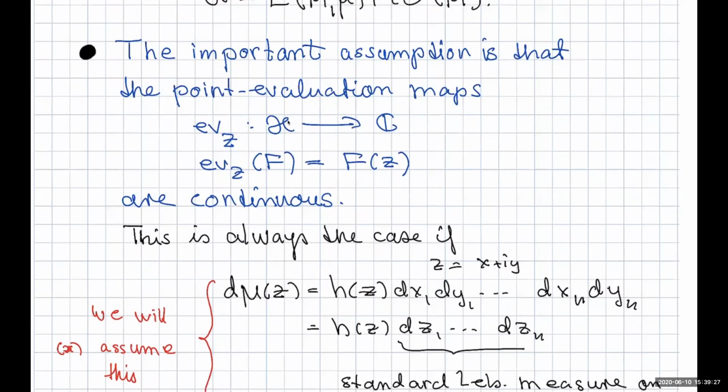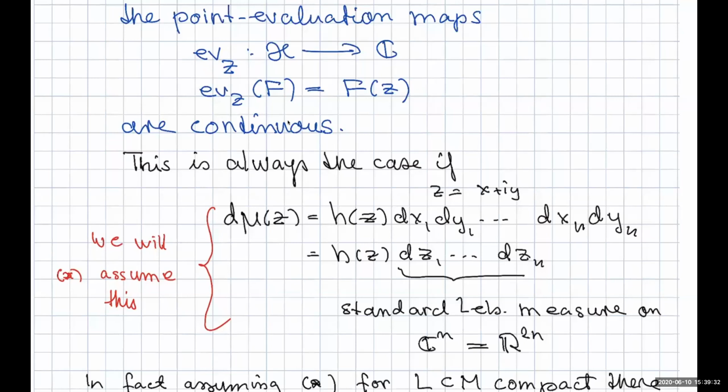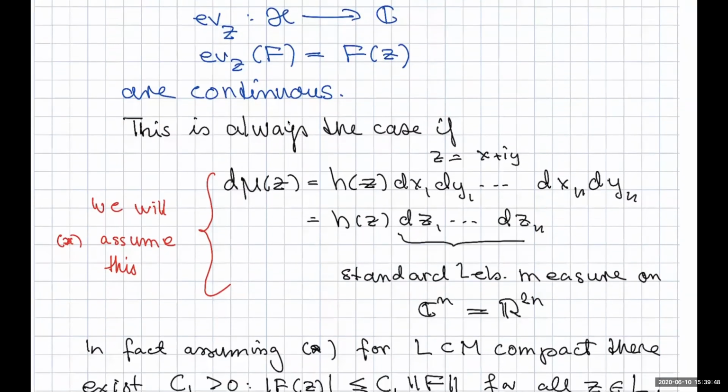And this is always the case if you have a measure which is absolutely continuous with respect to the usual Lebesgue measure. So you have a function h which is continuous, and I forgot to mention here, the important part is that it is always bounded away from 0, okay?